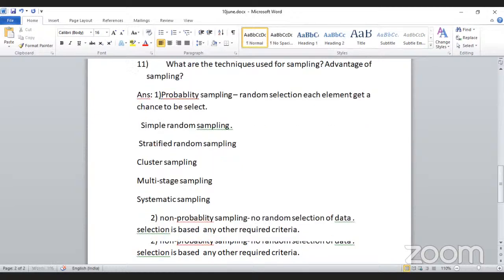Again, there are some available in non-probability sampling also. Which are they?